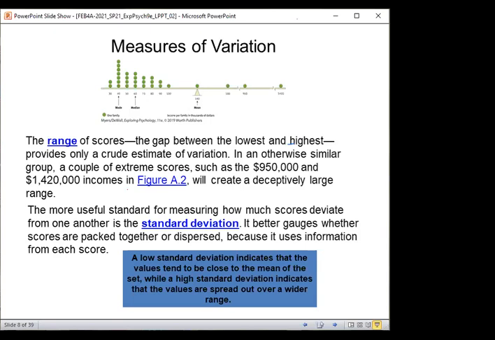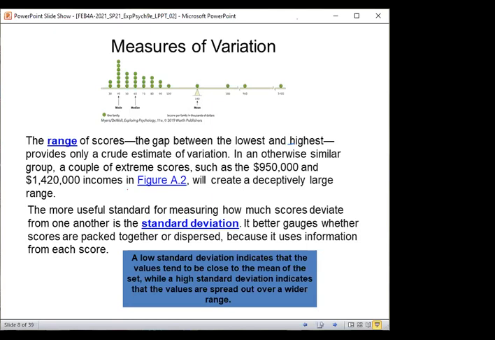In other words, in a similar group, a couple of extreme scores such as 950,000 and 1.42 million incomes will create deceptively large ranges. And that becomes a problem, because we see that outlier again.